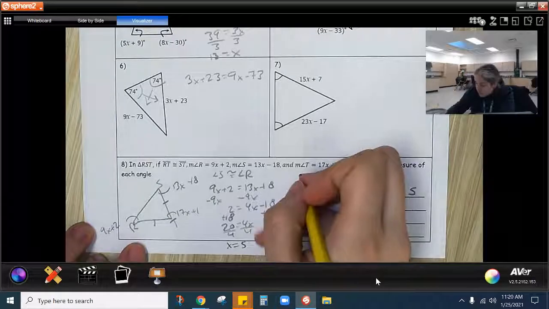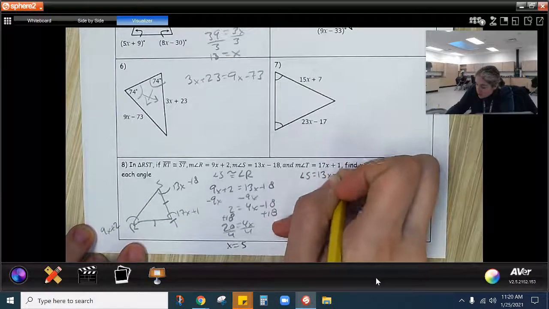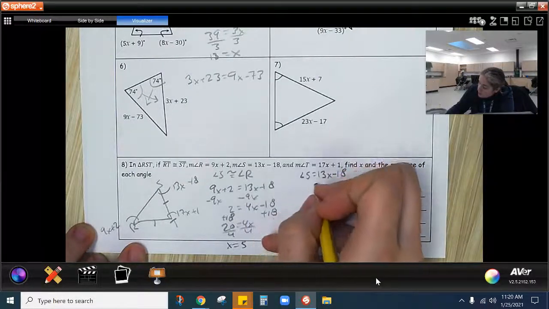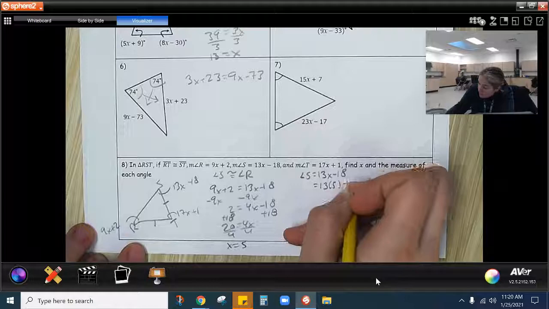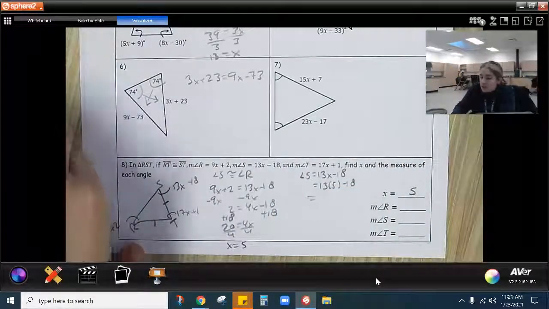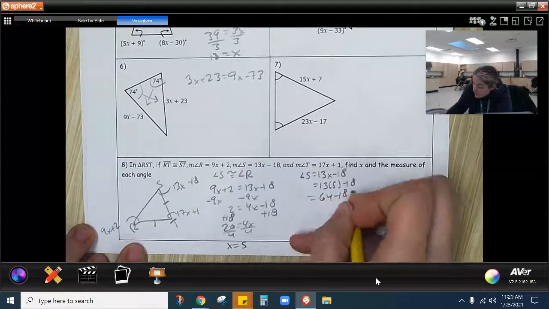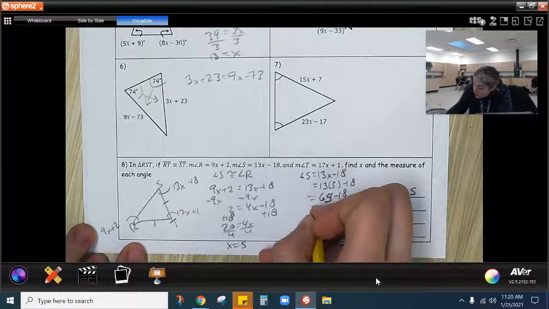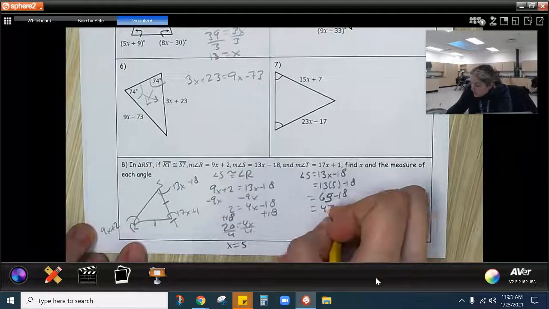Now I have to figure out each angle. So angle S is equal to 13x minus 18. When I plug in my 5, I get 13 times 5 minus 18. 13 times 5 is 65, and when I subtract 18, we end up with 47. Now here's the cool thing.